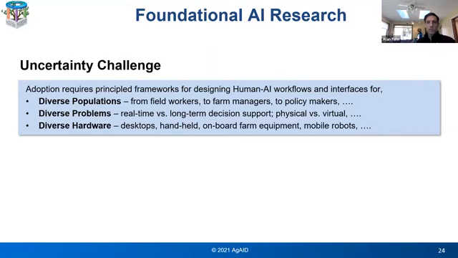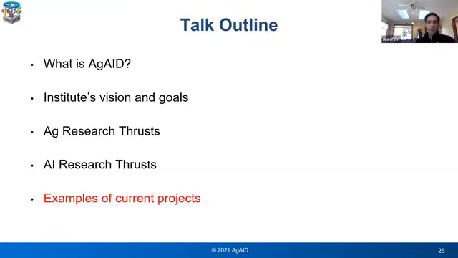They have very different skills and prior knowledge and backgrounds. Lots of different types of hardware, and the problems are very different. From real-time robotic pruning of a tree to longer-term decision support about, well, how should we plan out our crops over the next 5 years? What should we be thinking about planting?